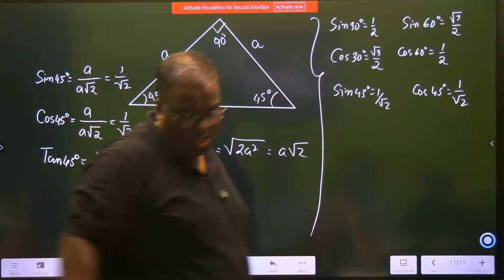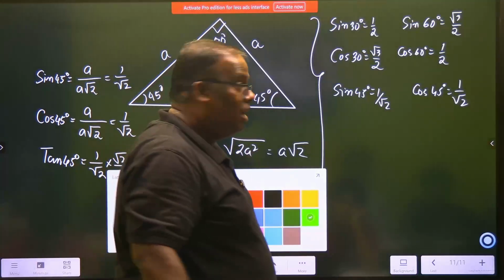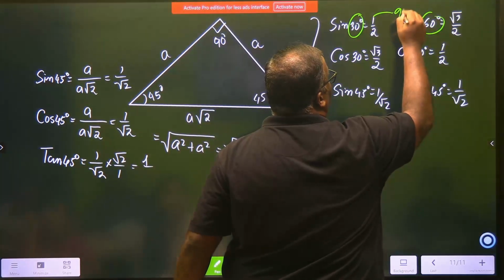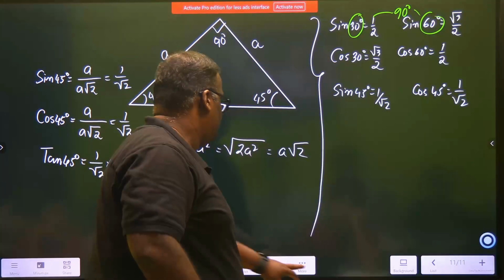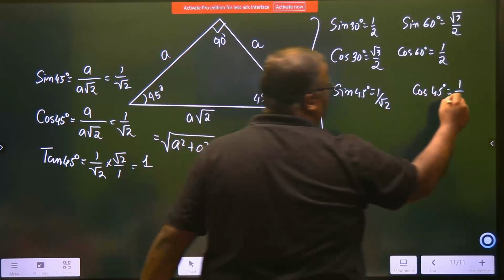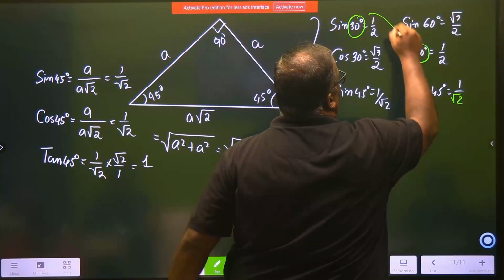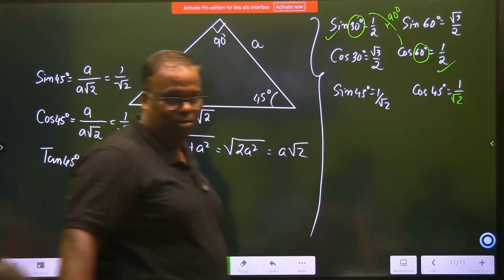Something very fishy is happening out here. The fishy thing is, if you take two angles which add up to 90 degrees, then the sine and cos will always give you the same value. Just have a look. If you take two angles which add up to 90 degrees, the sine and the cos have the same value.